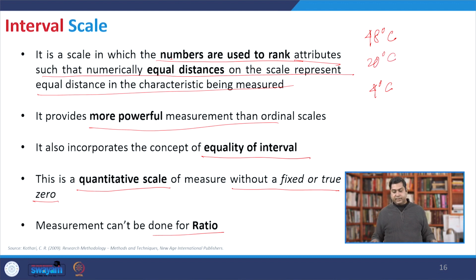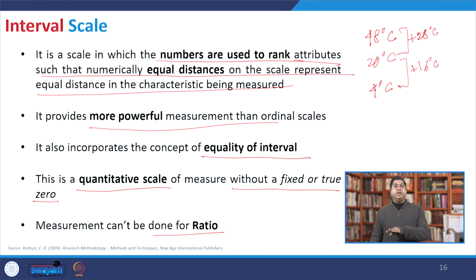In such cases a per degree change or difference is possible. If you want to see the difference, this is plus 28 degrees Celsius, and the difference between 4 degrees and 20 degrees is plus 16 degrees Celsius.